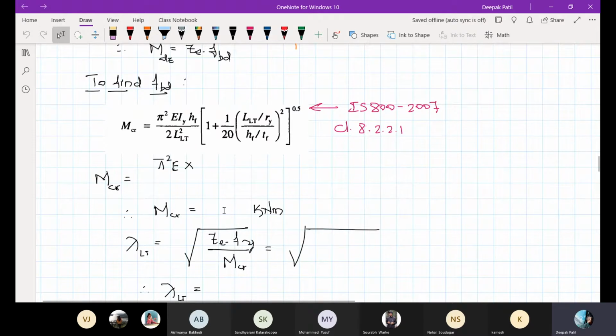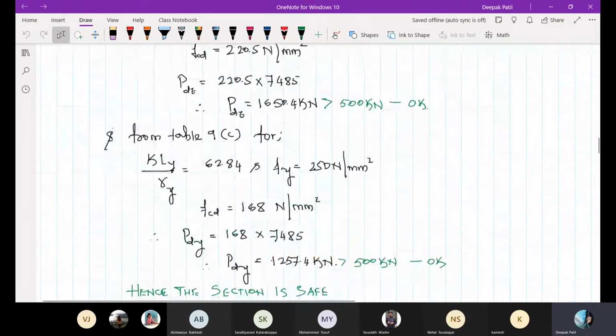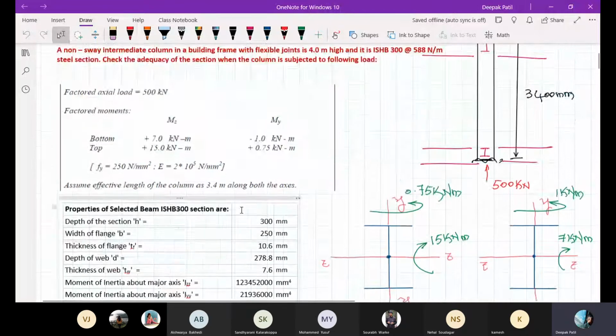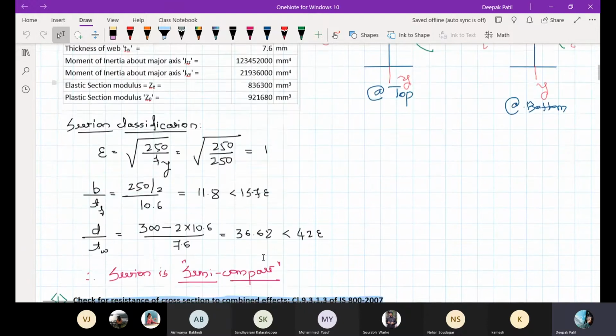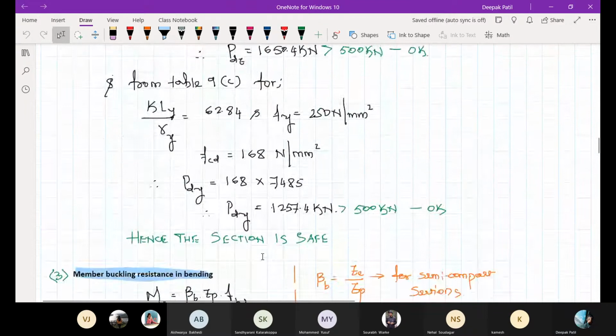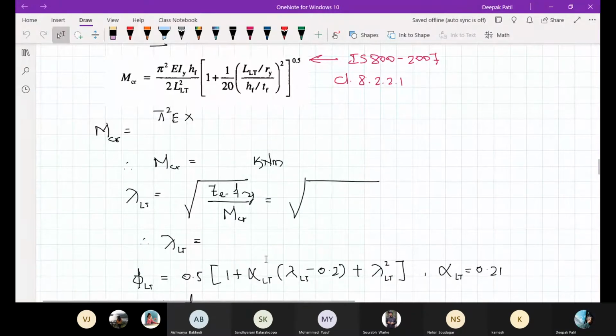From the properties of the section, the moment of inertia along minor axis is 2193.6 into 10 raised to 3, that is 2193600. Iy is multiplied by HF, which is the total depth minus 2 times the thickness of flange, coming out to be 289.4.